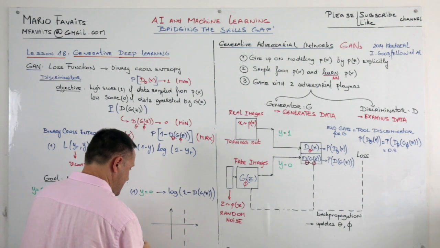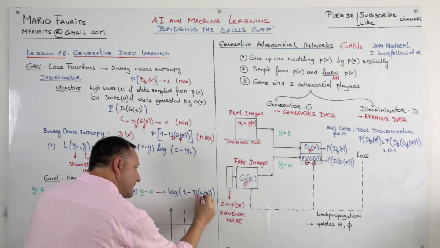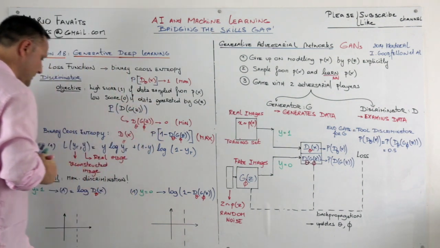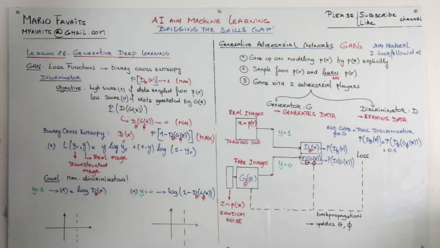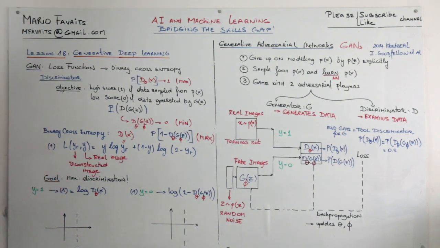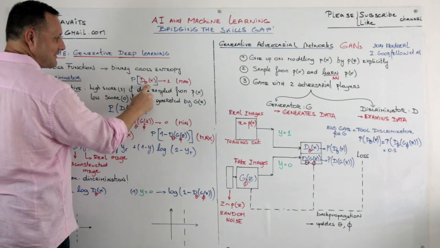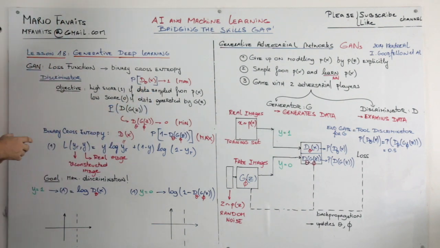Alright, and this is parameterized by theta and this by phi. Yeah? So these are the two outcomes we want to maximize. You see, you maximize this one and maximize this one.